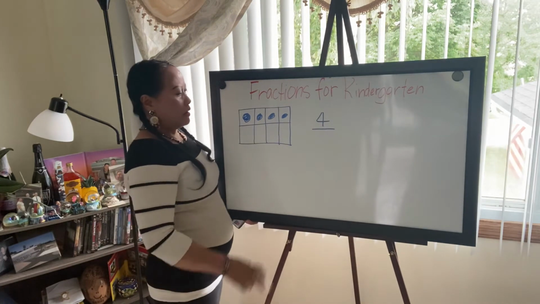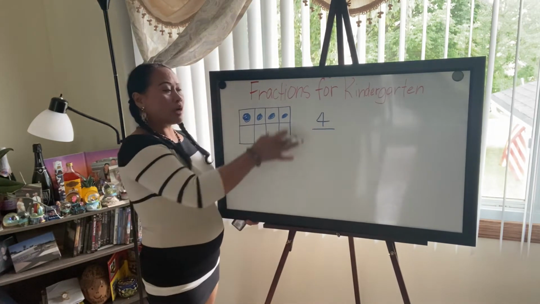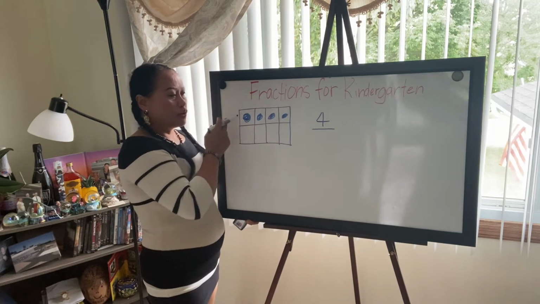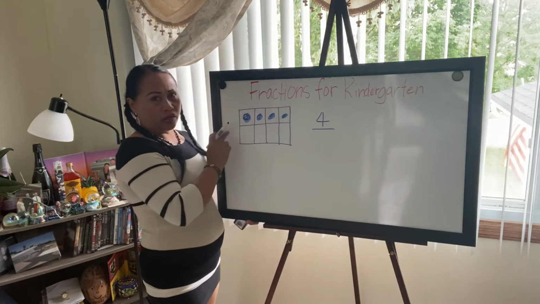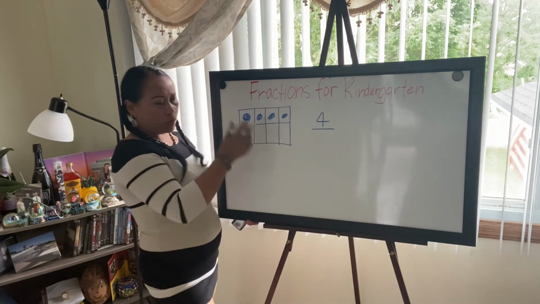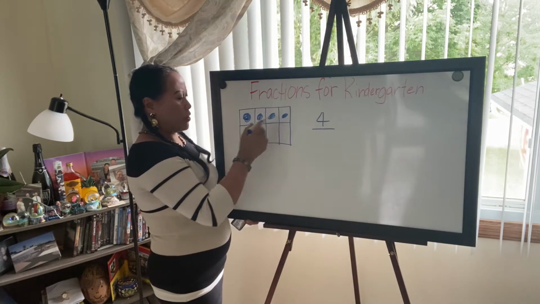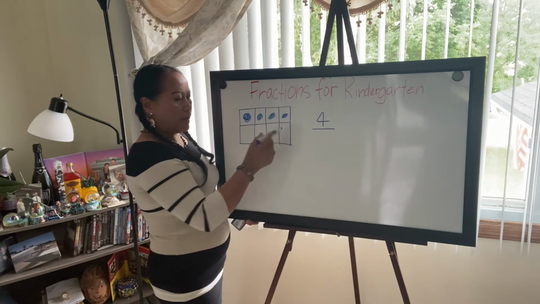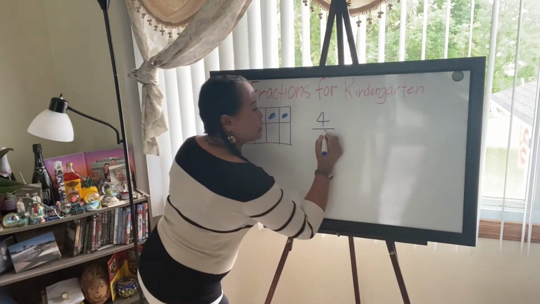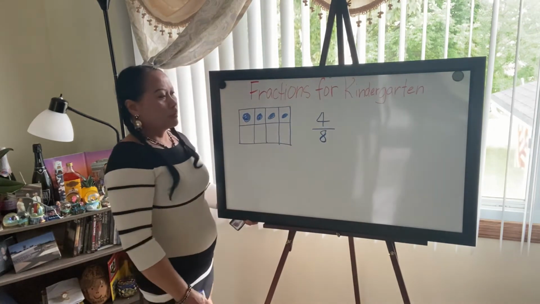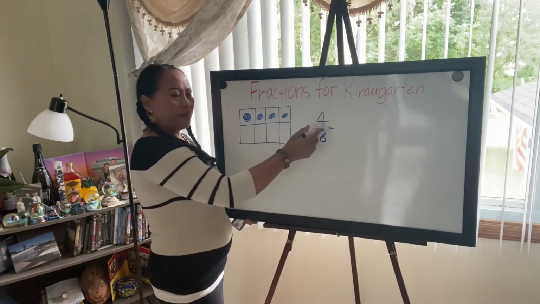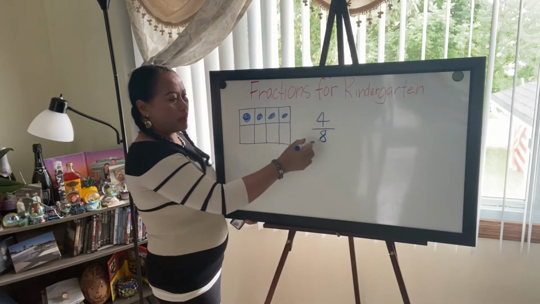And then after that, you count all the shaded and non-shaded parts. You will count all the squares, okay? 1, 2, 3, 4, 5, 6, 7, 8. So now it is 8. So the fraction is 4 over 8.